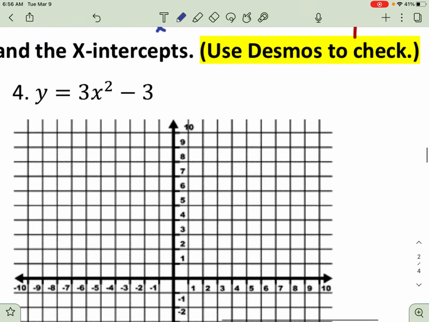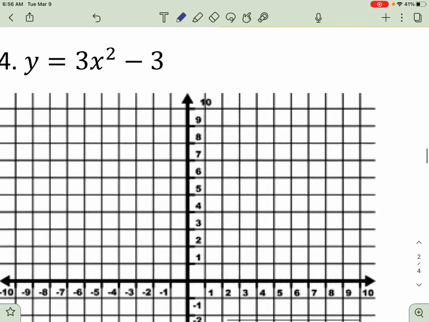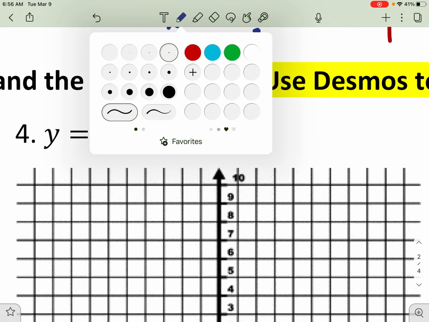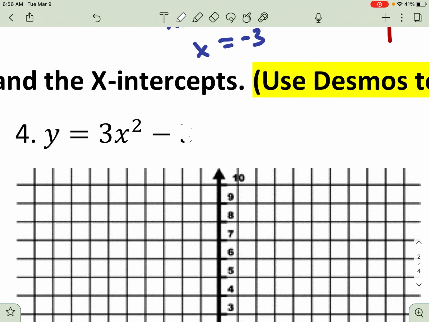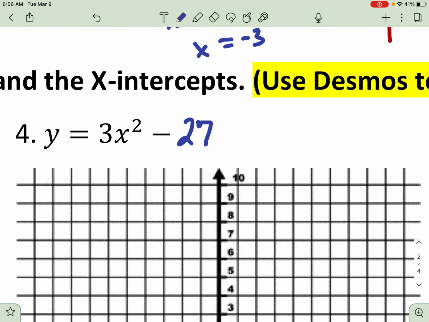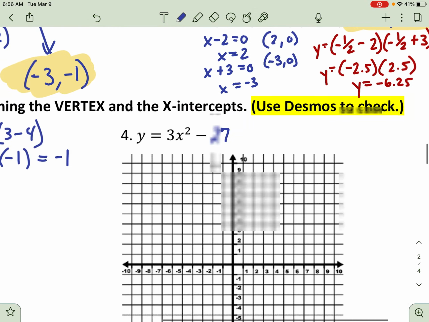Okay, same thing here, only now this is supposed to be a negative 27, by the way. So let's replace that. Okay, so how can we graph this one with intercepts and vertex?